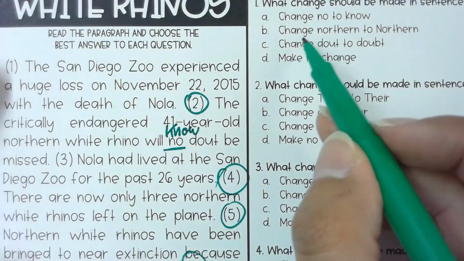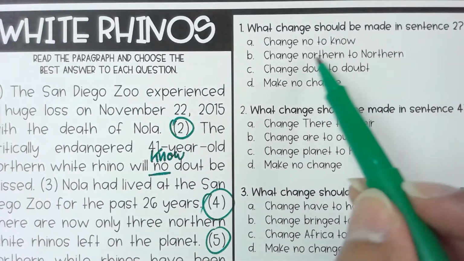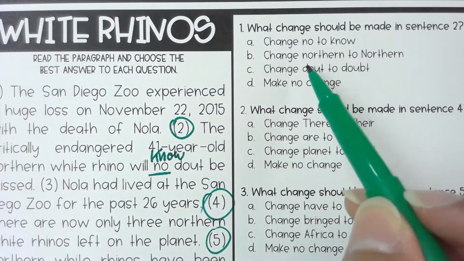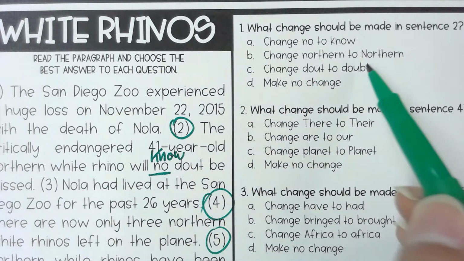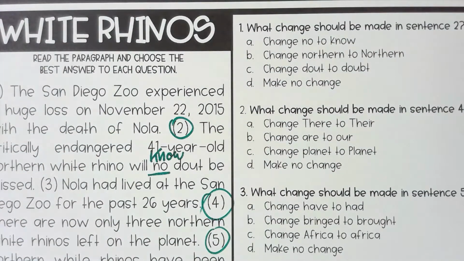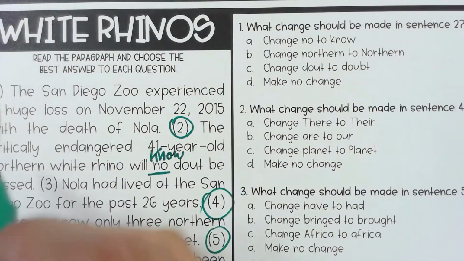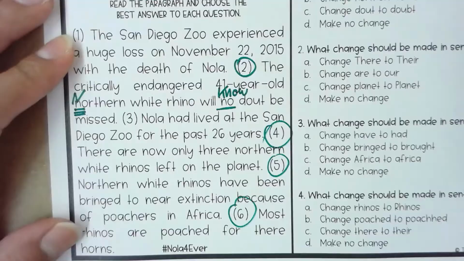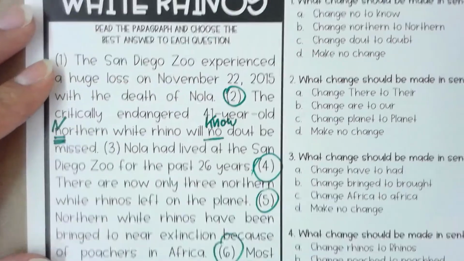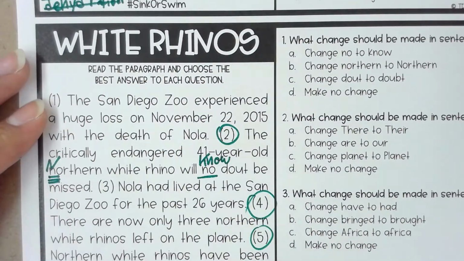Then we have change northern to Northern, but this one's dealing with a lowercase n to an uppercase N. Now for this one, we're going to make this possible edit on sentence 2.